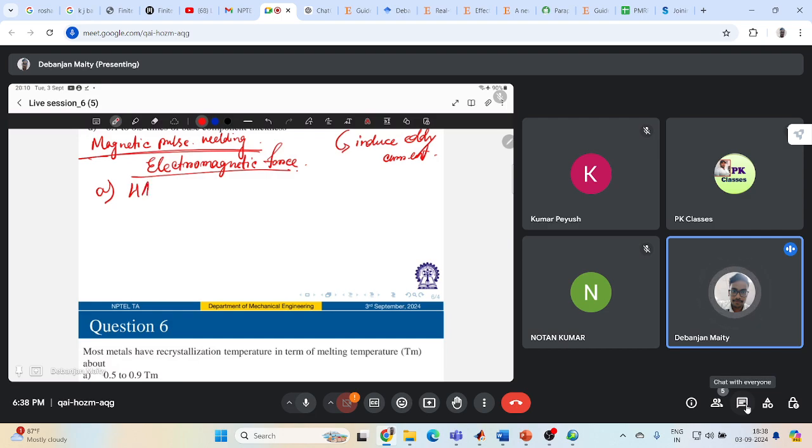Heat affected zone will be very less, of course. These processes are very fast in nature because the strain rate is very high.